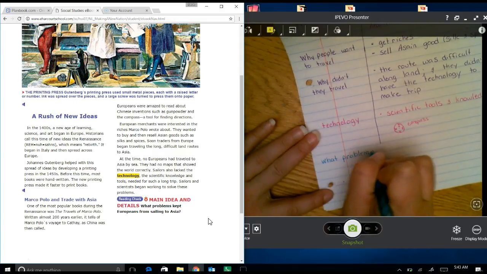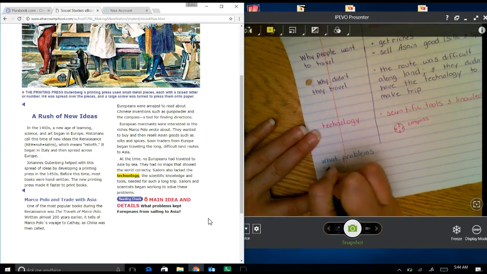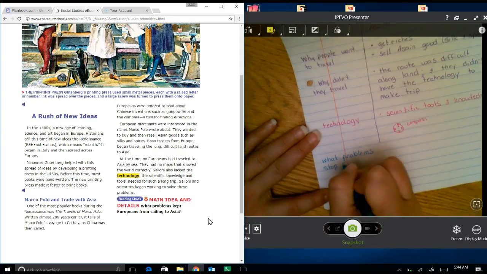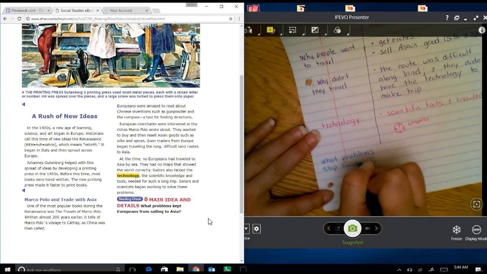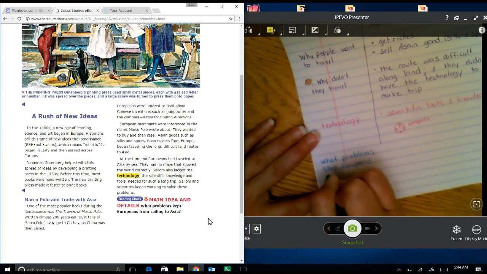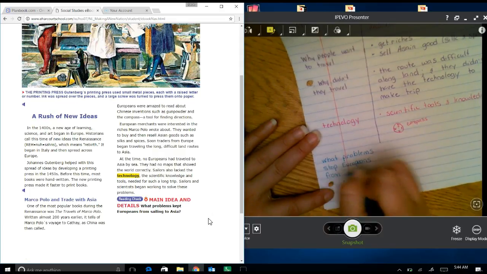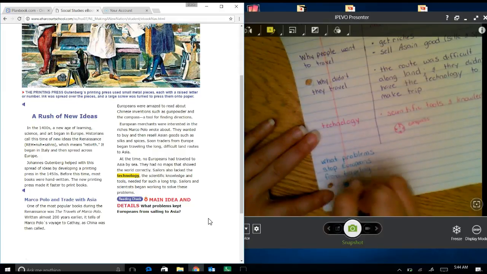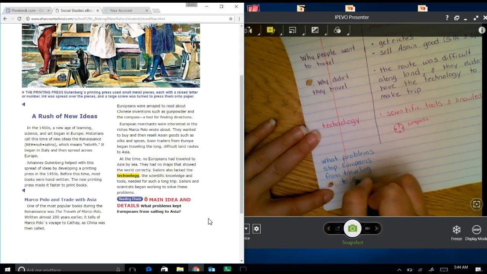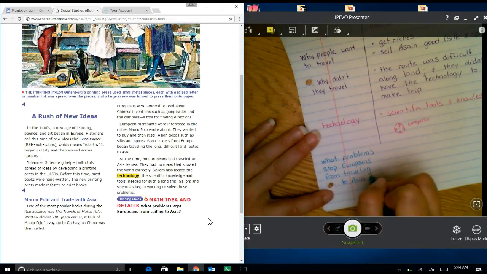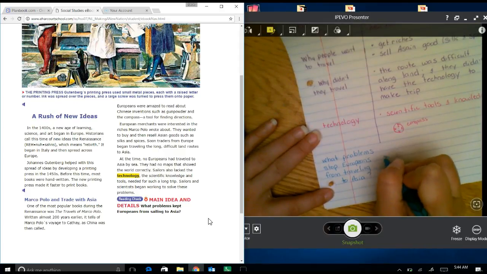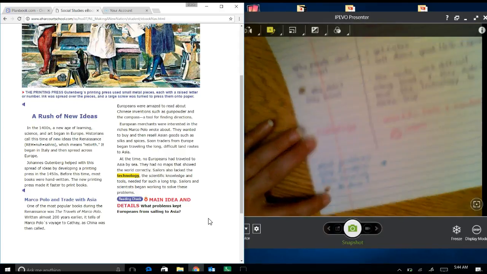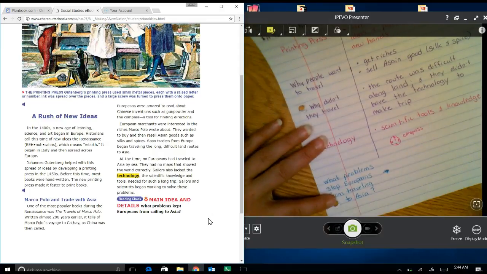And I'm going to take a minute. What problems kept Europeans from traveling to Asia? Okay, so many did not have the tools.